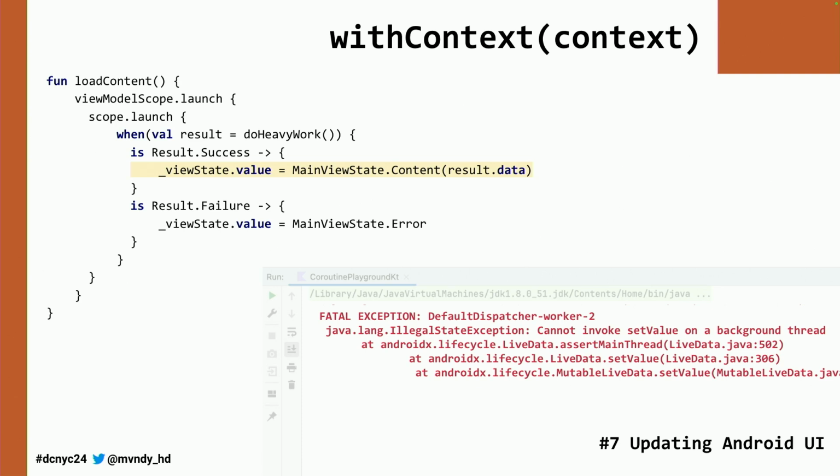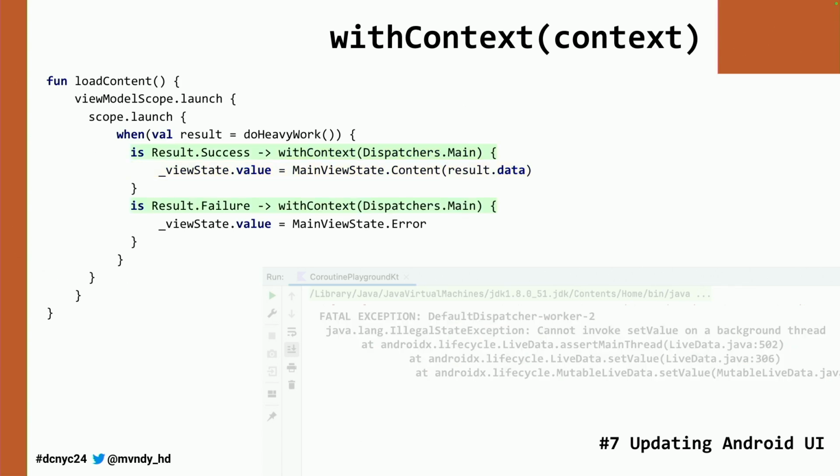We did all that heavy work, and now that we've returned this value, we want to make sure that we're updating our UI on the main thread. Duh, right? So we can use withContext to use Dispatchers.Main. That's the quick lesson there. I love it. It's very easy to use. I'm sure folks are familiar with that. Maybe not everyone. I did say this was for beginners, but now I don't know anymore.